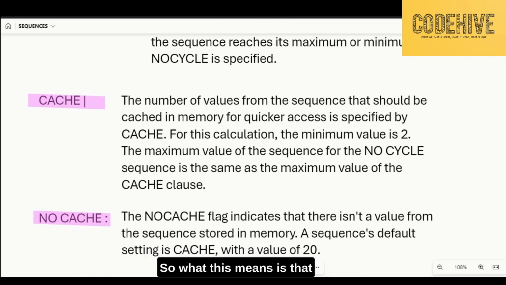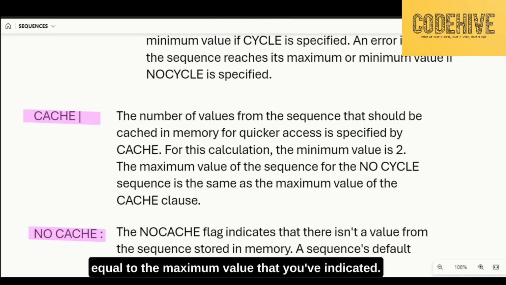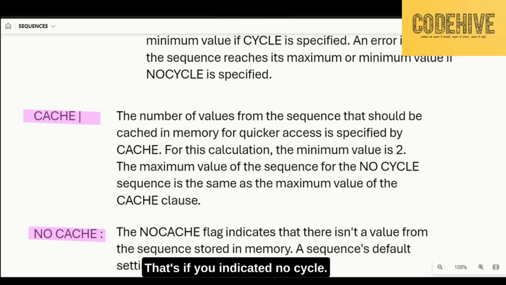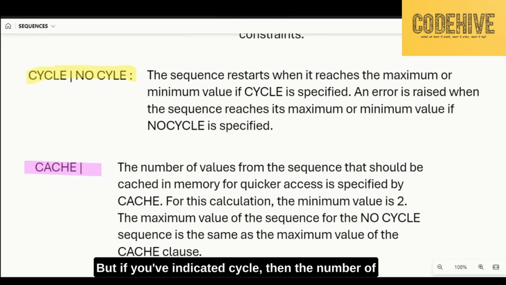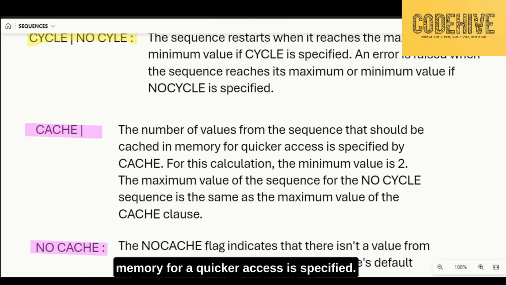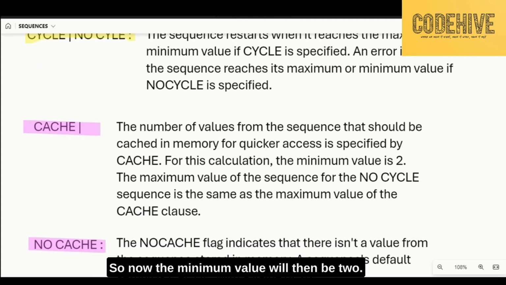What this means is that if you indicated no cycle, then when you reach cache or no cache and you say cache, the cache should be equal to the maximum value that you've indicated. That's if you indicated no cycle. But if you've indicated cycle, then the number of values from the sequence that should be cached in memory for quicker access is specified. So now the minimum value will be 2.